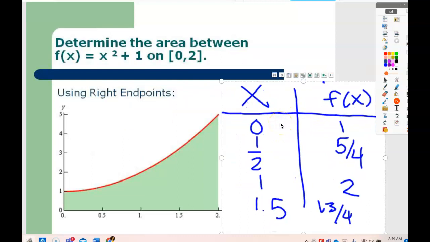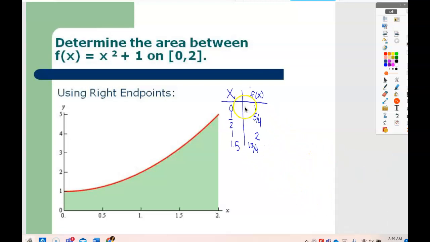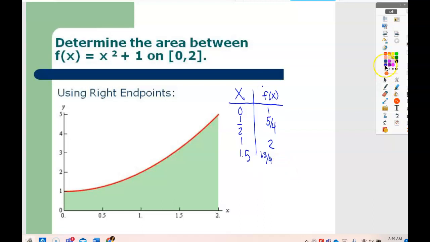So I stole my table from my page before because once you found some of the endpoints, if your delta x doesn't change, your endpoint heights don't change. So now we're using right endpoints, which means instead of starting on the left side of the curve, we're going to start with the points on the right side of the curve.